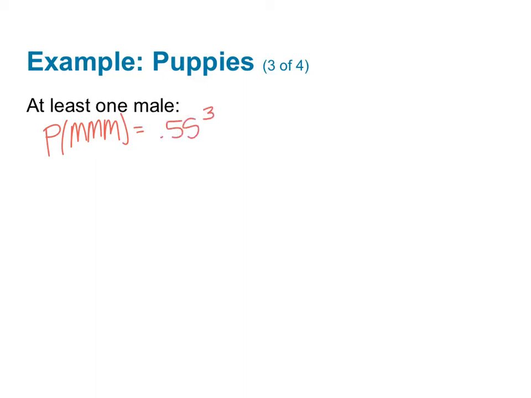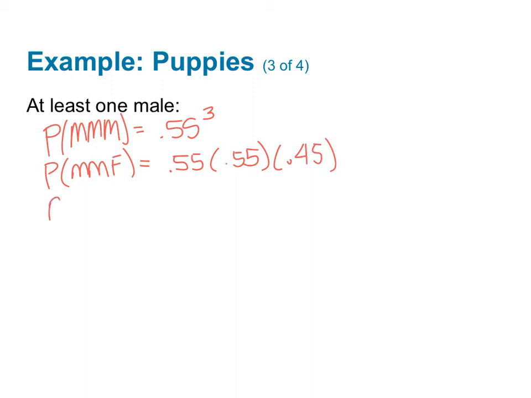And then you would do the probability of male, male, female: that is 0.55 times 0.55, and then the probability of a female is 0.45. And then you would keep going for all of those probabilities that had at least one male. That could be a very long process. Once you find all those probabilities and do the multiplication, you would add them all together.